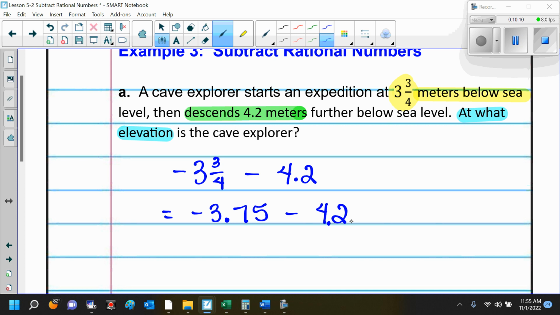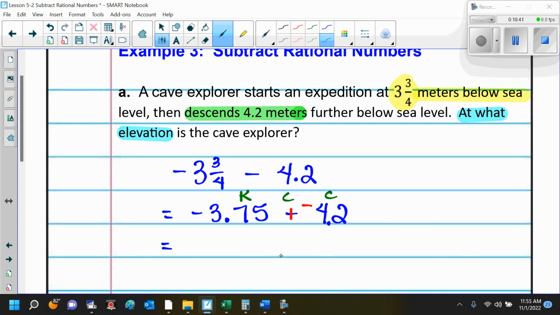numbers, right? And when we're subtracting, we're going to keep, change, change. Very good. So the first decimal stays the same. That's a negative. And then the subtraction becomes addition. And this positive 4.2 becomes a negative 4.2. Now, when we add these together, because they're same sign now, what do we get?